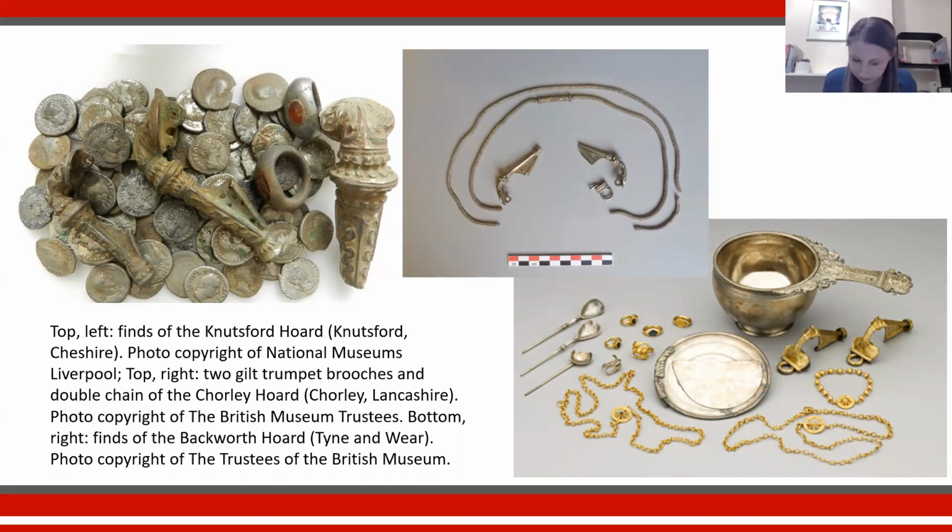which were uncovered with a series of coins ranging in date from the reigns of Galba to Hadrian, which gives them a terminus postquem of mid to late 2nd century CE. And at bottom right, there are the finds of the Backworth hoard from Tyne and Wear, which includes 2 silver skillets, a pair of silver gilt trumpet brooches, 1 silver and 5 gold rings, 1 gold bracelet, 2 gold chains with wheel-shaped pendants, 3 silver spoons, more than 280 Roman denarii, and 2 first brass coins of Antoninus Pius.